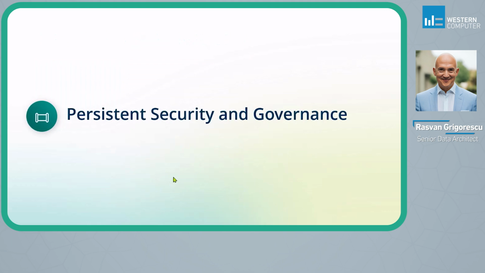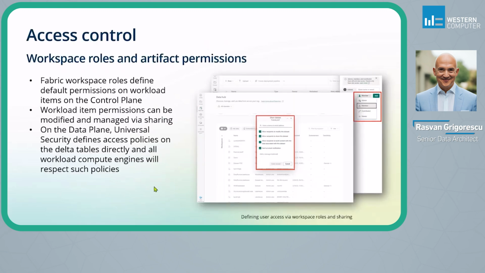Security and governance, again, we could spend probably a few hours, if not days, on security and governance. I would just summarize it on two planes, as we call them. The control plane, which means essentially you can assign permissions at the workspace level. So you can have administrators or members or contributors or viewers that only have that specific access to that particular workspace.